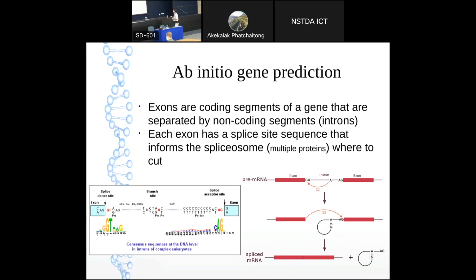And so inside the cell, when a messenger RNA is being processed, the intron is cut out and the exons are stitched together to produce the final messenger RNA.